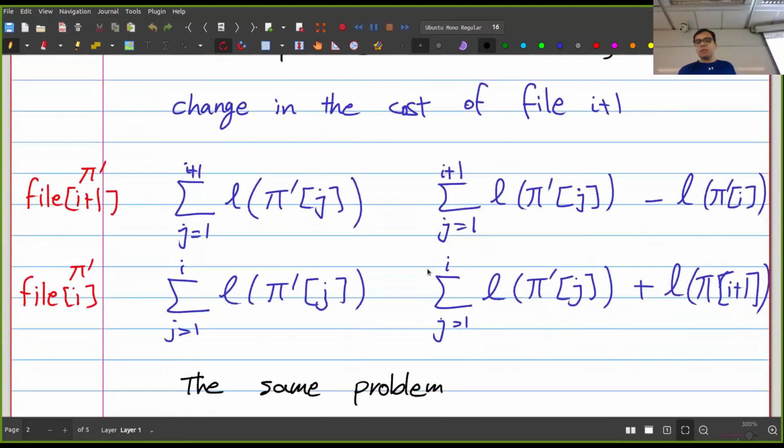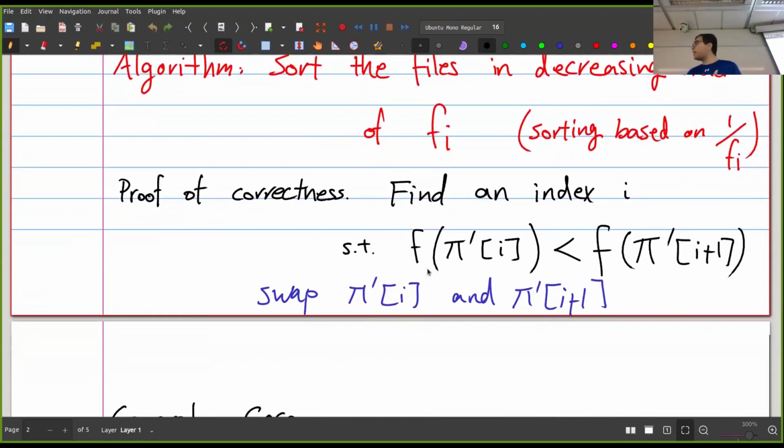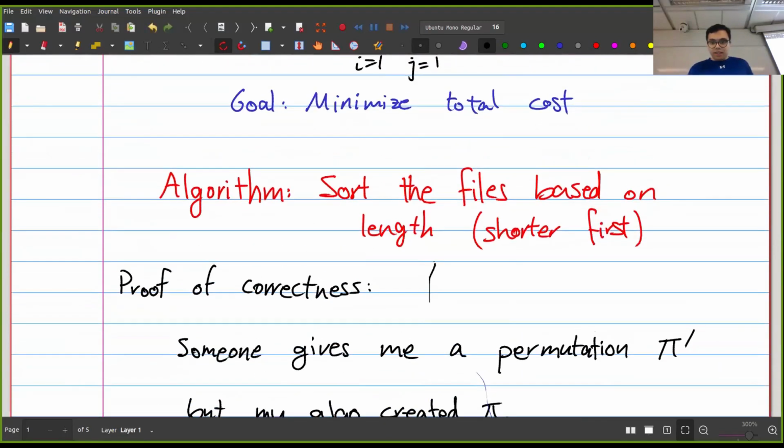Or another way of looking at this is that whenever my algorithm is making a choice, for example, let's say here when I'm doing the sorting, basically every time I'm choosing to put the shortest possible file, right?